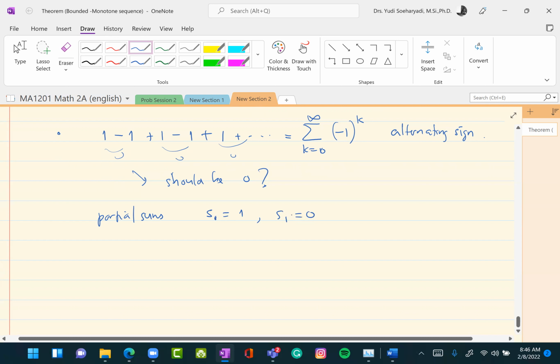So what you get is the sequence 1 0 1 0 1 0. So it has no definite number that it's approaching. So this is a divergent sequence. Therefore, it's divergent.